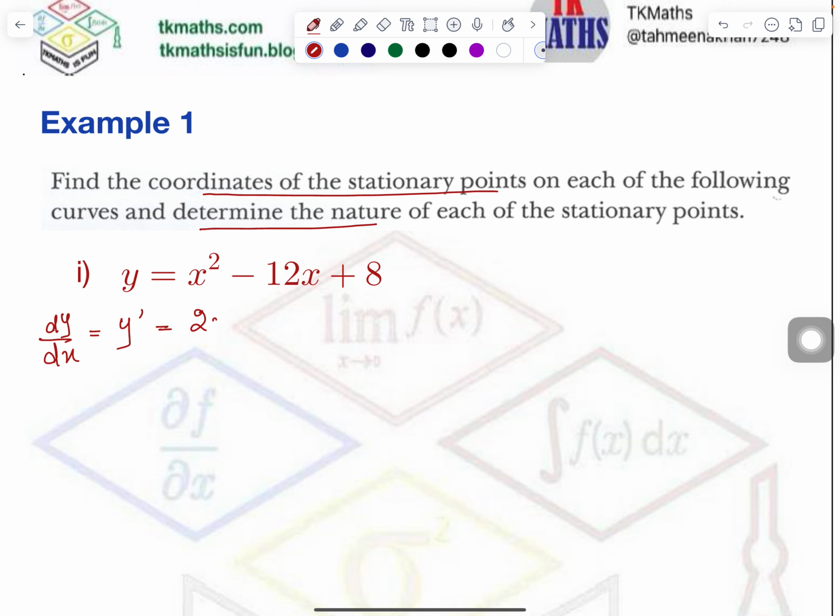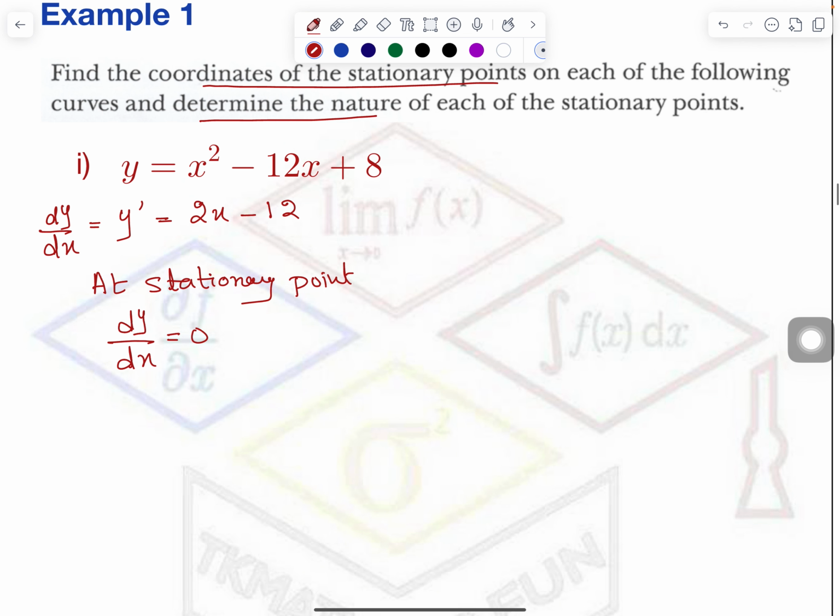So when we differentiate it, it will become 2x minus 12. And at a stationary point, you can say dy over dx is equal to 0. Therefore, the differentiation which you have done here, you can put equal to 0 to get the value of x.